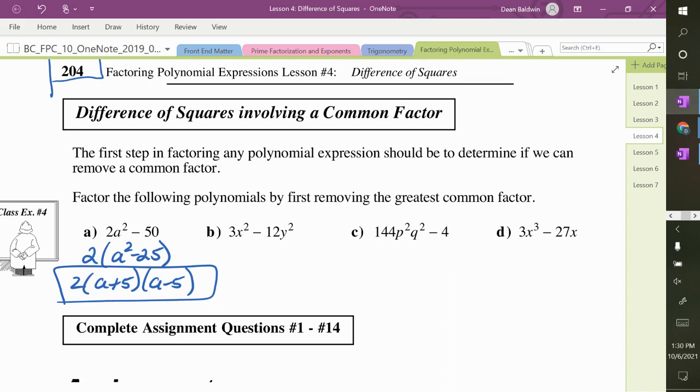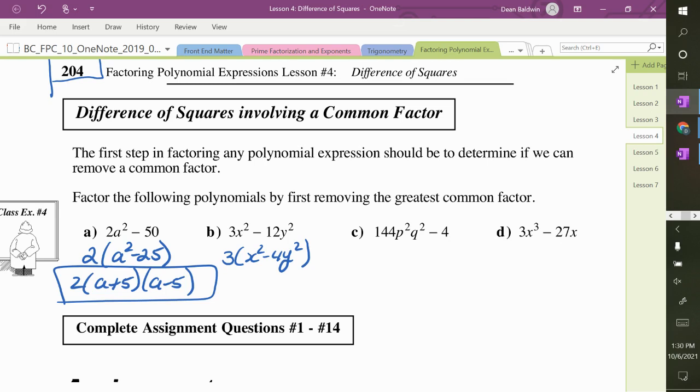What's the common factor of this one? 3. Then what do we do? In the brackets now, is everything square rootable? That's not a word, but we just made it a word.